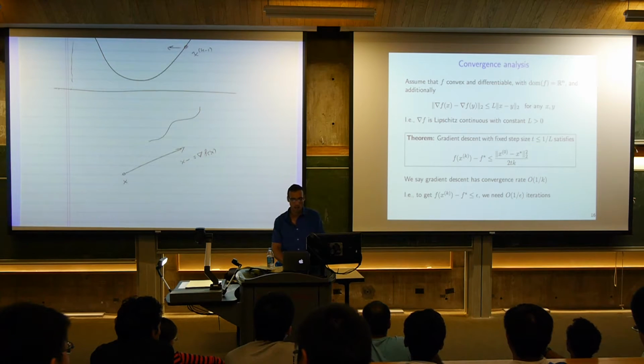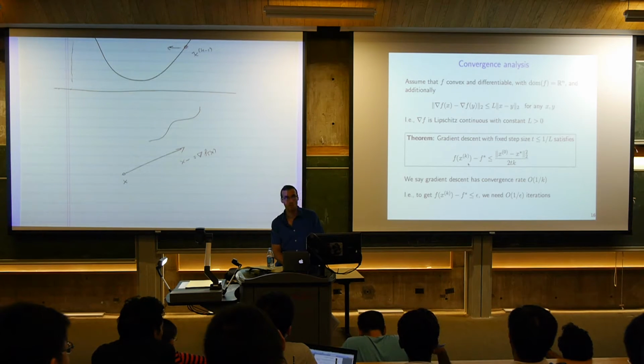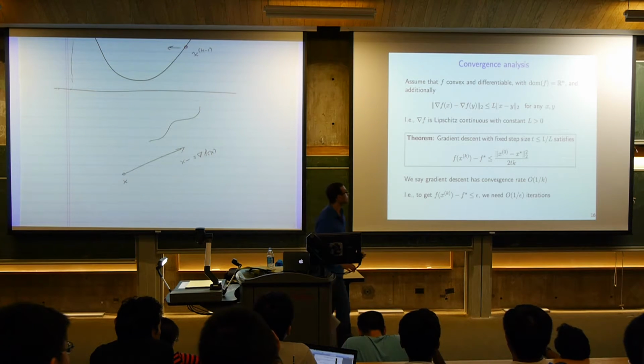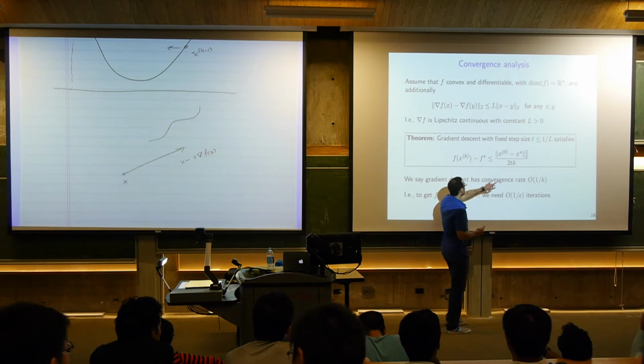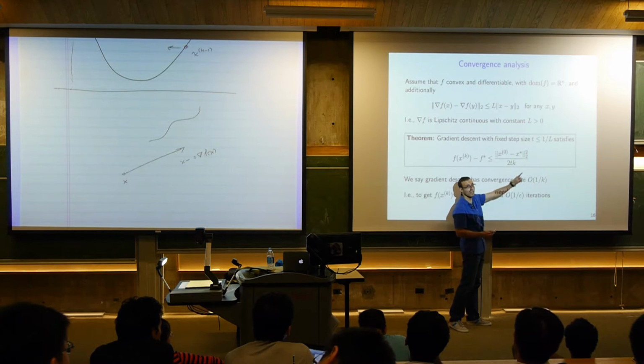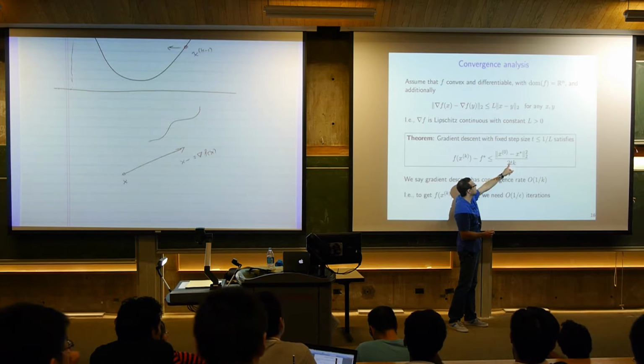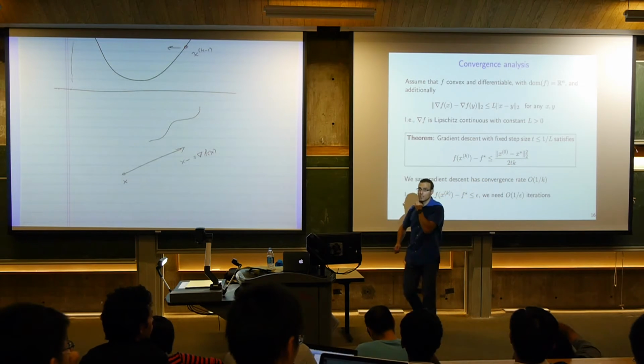At every step k in the algorithm, the difference between the criterion at xk, the kth point we visited in gradient descent, and the optimal value, f star, is less than or equal to the L2 distance between where we started and a solution, x star, squared. This theorem is true for any solution x star, if there's more than one, divided by 2 times t times k.